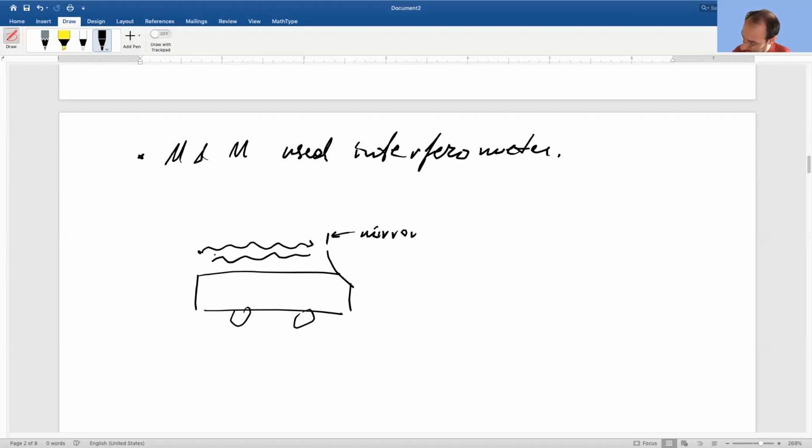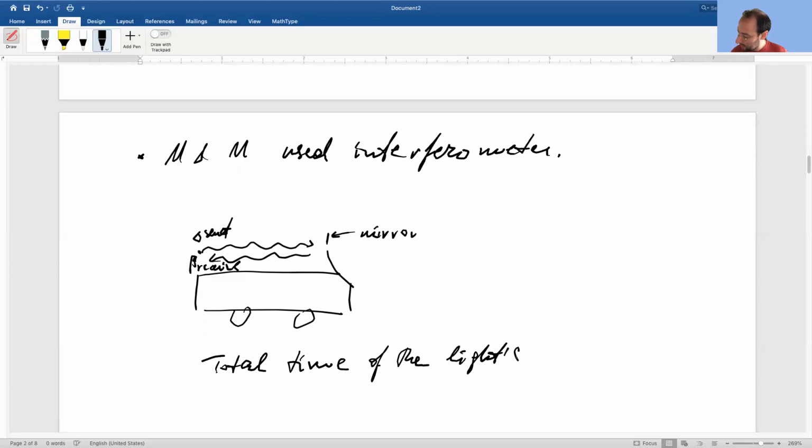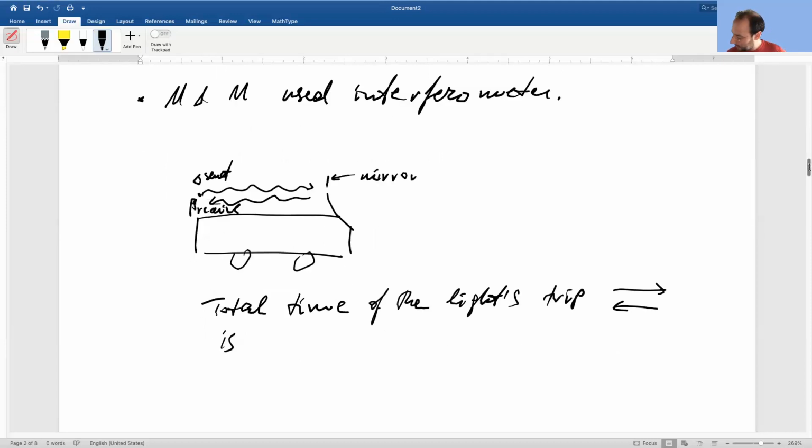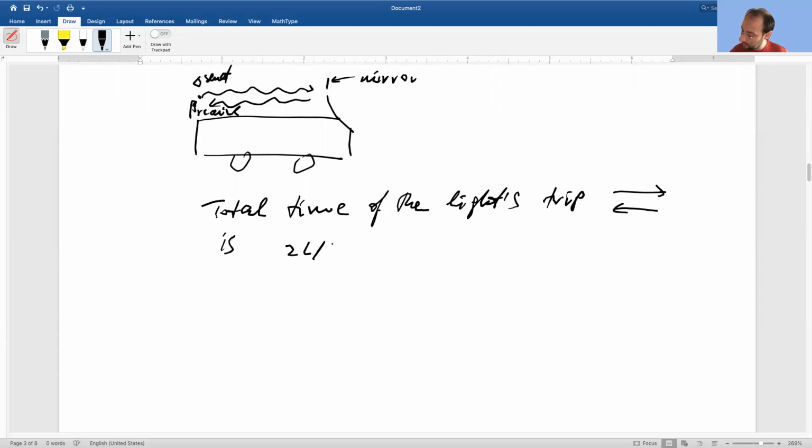And I'm going to receive the reflection. Okay. You can use formulas from yesterday. Okay, and you will see that the total time, so send and receive, of the light's trip there and back is, you should check, given by 2L over S, quantity divided by 1 minus V squared over S squared.